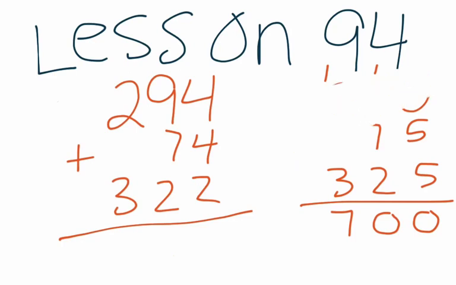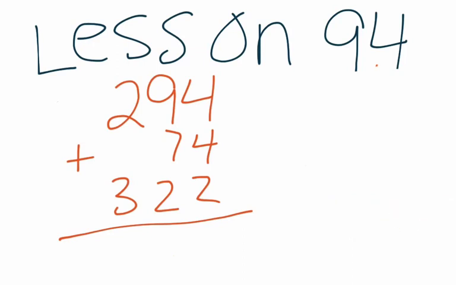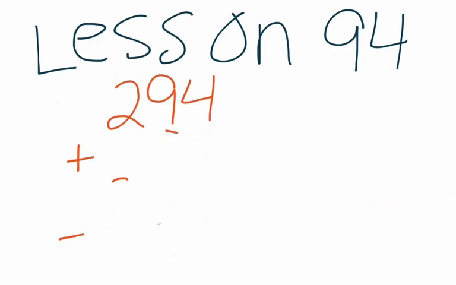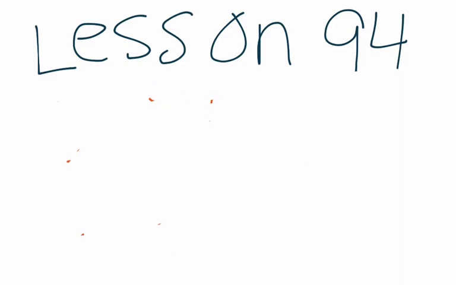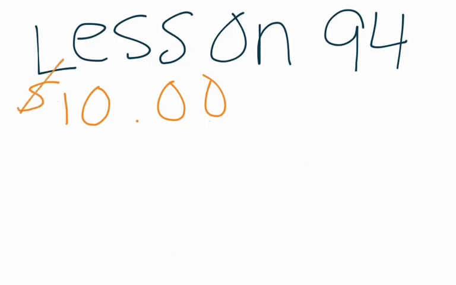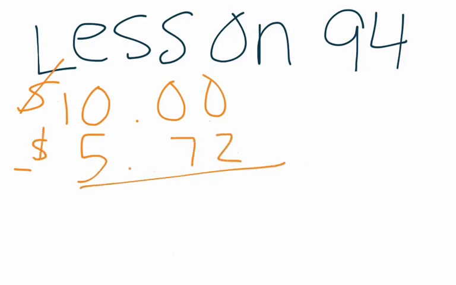Let's do the last one on these examples, and then we'll move on to something different. Here we go. I know it takes a long time for me to erase. Alrighty. C. $10 minus $5.72.